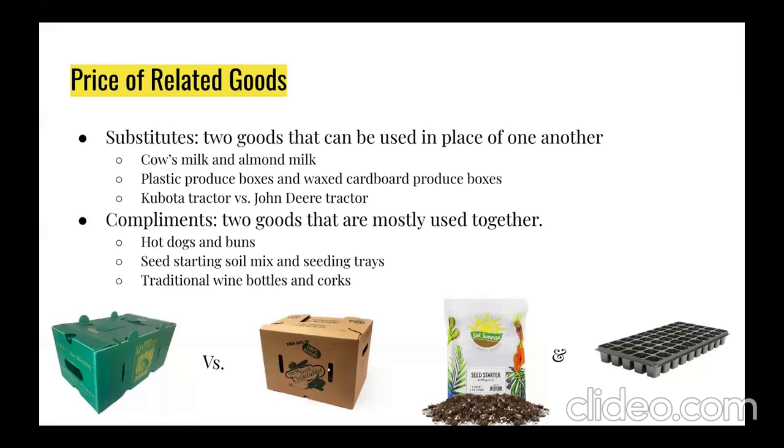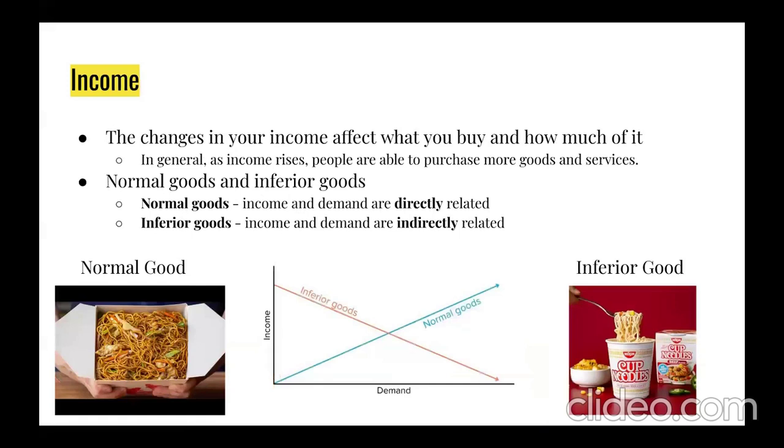As the demand for threaded bottles goes up, the demand for the caps that go with them also goes up. And then the relationship between the two types of systems, the traditional wine bottles versus the threaded wine bottles, that relationship is indirect. As one goes up, the other goes down, and vice versa. So that's how the price of related goods affects the demand curve.